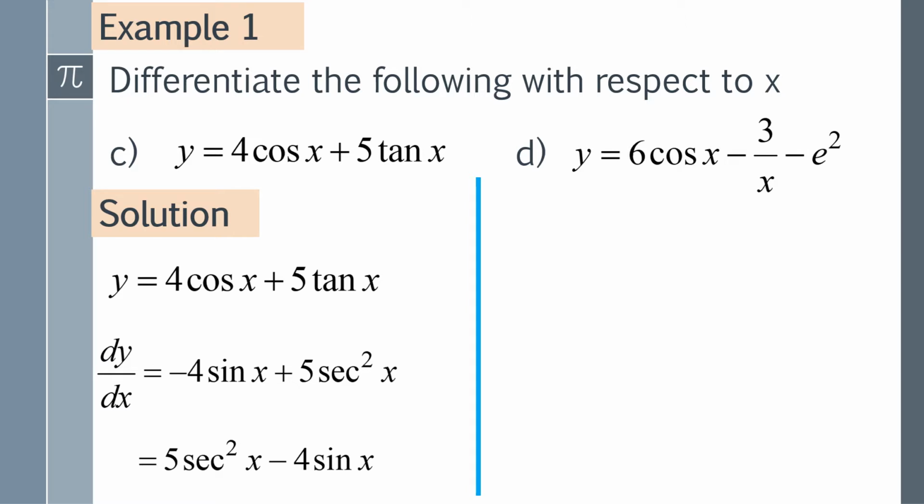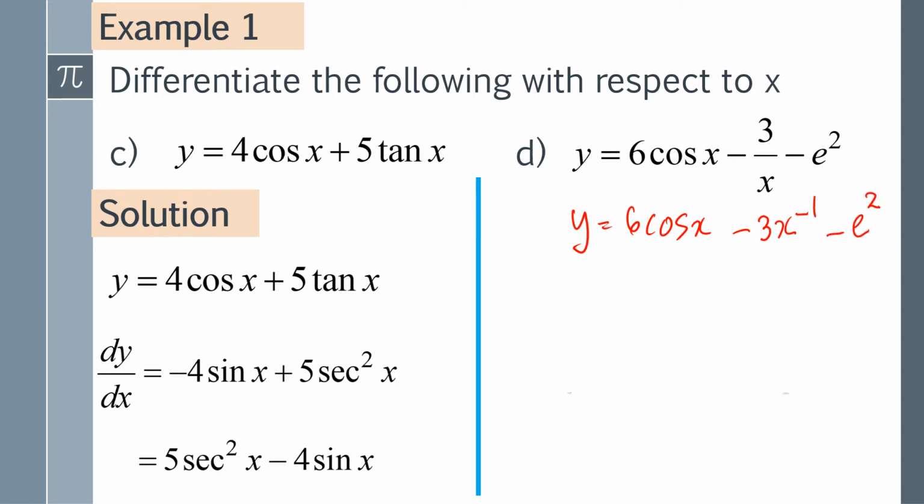Now, if you look at example 1D, first we simplify. y equals 6 cos x, simplify 3 over x, we get 3x to the power of negative 1, minus e to the power of 2.